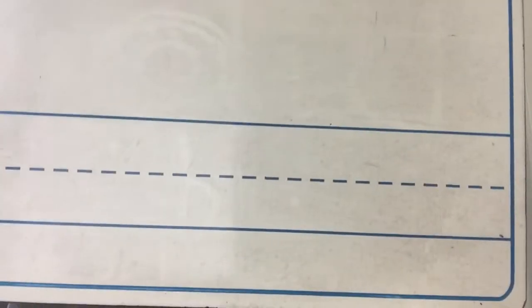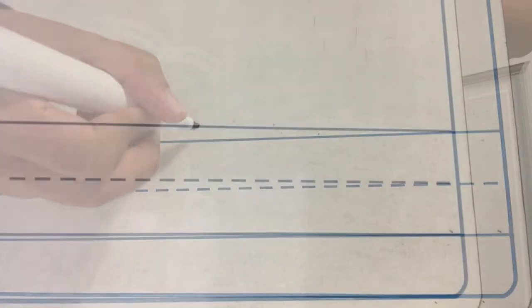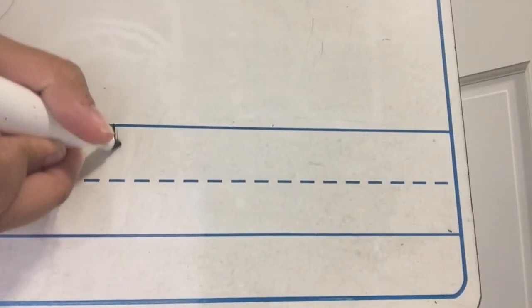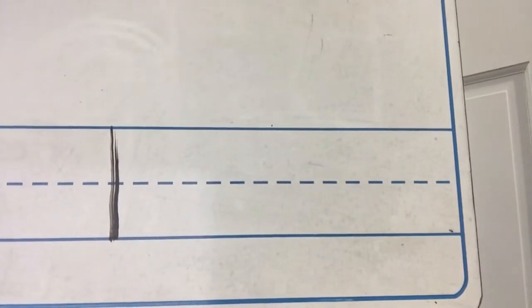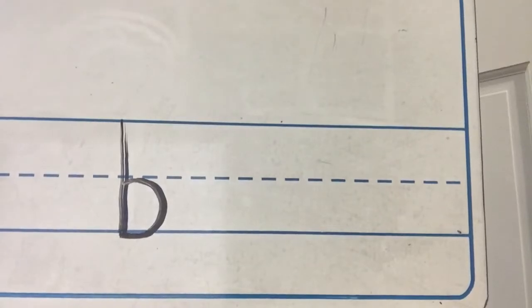So if you're trying to write lowercase b, and you're not really sure which way the bump goes, you can say this in your head as you're writing to help you write it the correct way. So for lowercase b, you're going to say first the bat and then the ball.